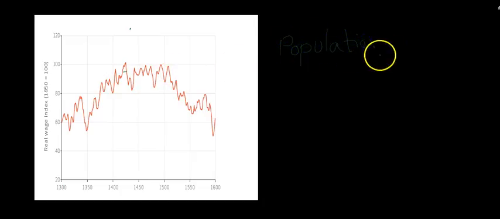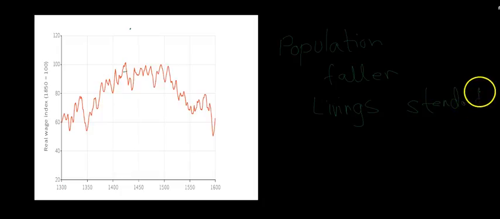Population fall, and this is also part of the trap that when population falls, the real wages increase and the living standards increase. So it's not something like we had any chance of escaping at this point around the 1400s. It was just that the population fell due to different reasons, and the real wages increased.